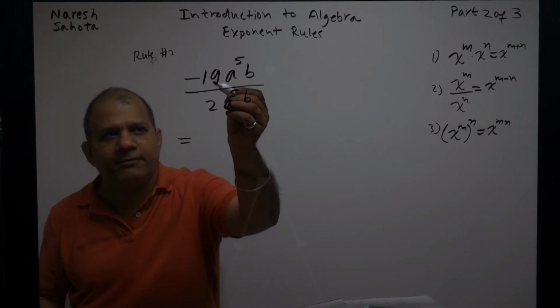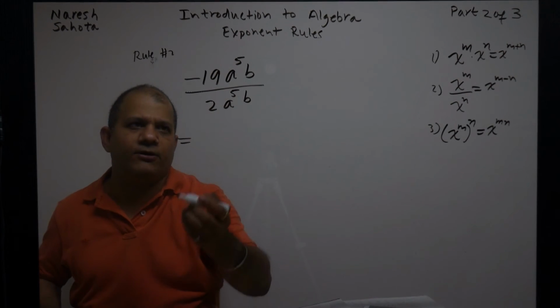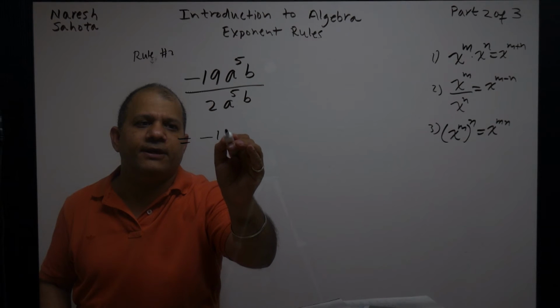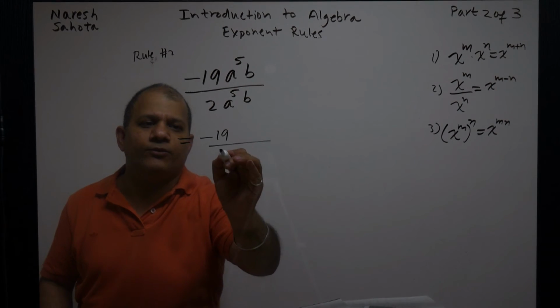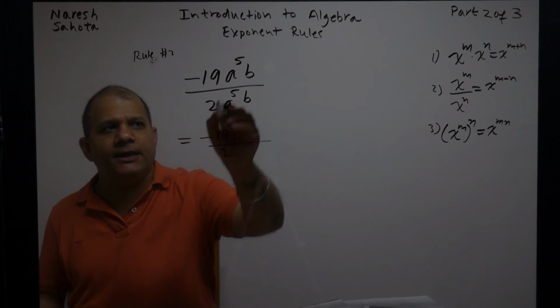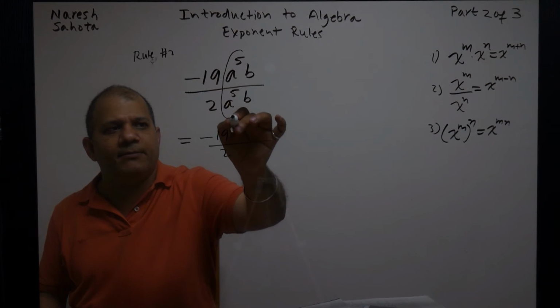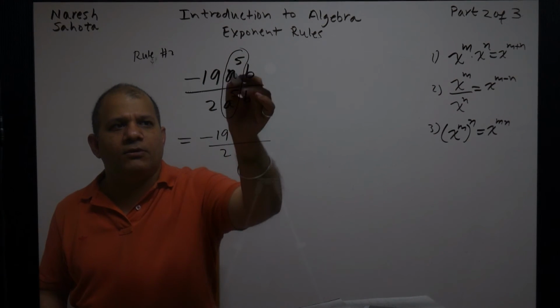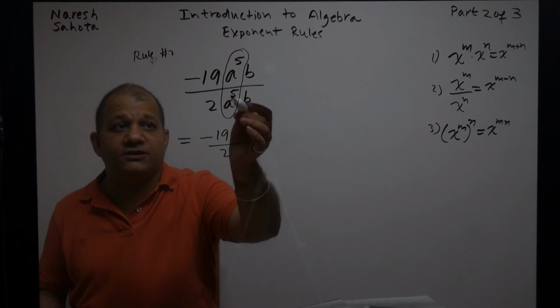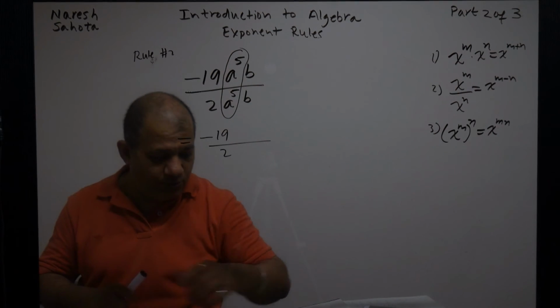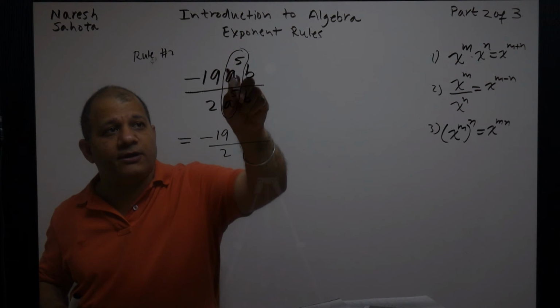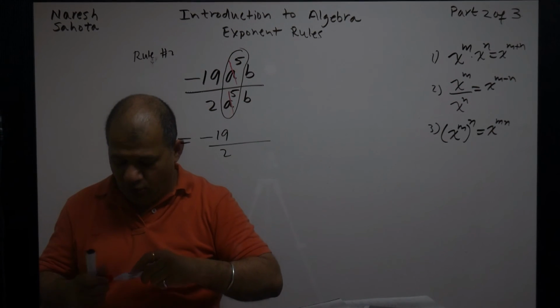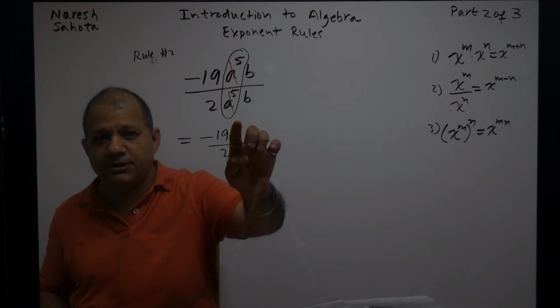So let's divide. Negative 19 by 2. We can't divide. Okay, so we'll just copy. So negative 19, right, and all over 2. So we copy that. And now I have the same bases here. So they cancel each other out. So we have the same exponents. Okay, so these ones cancel. Or I could write a to the 0.